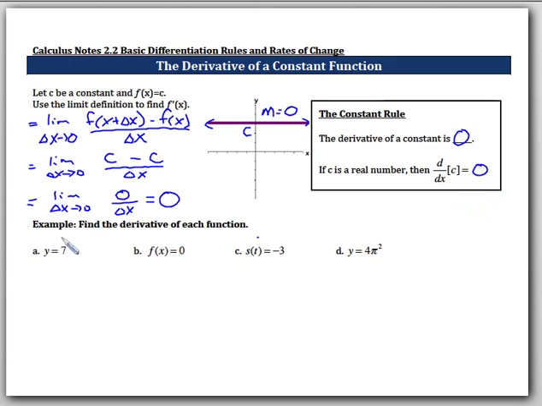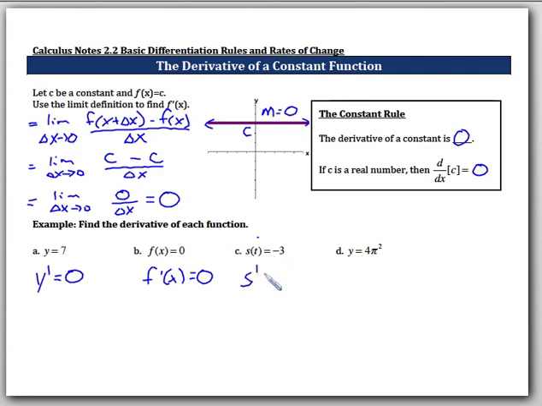So let's look at our example. It says find the derivative of each function, y equals 7. Well, y prime is 0. How about this one? F of x equals 0. Is 0 a constant? Yes, it is. And so f prime of x is going to equal 0. In letter C, we have s of t equals -3.